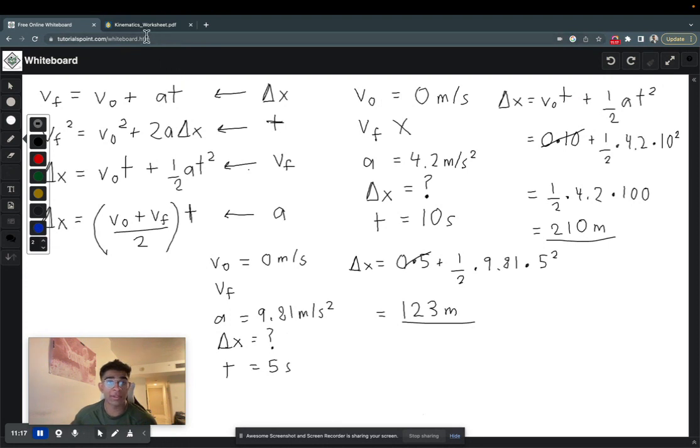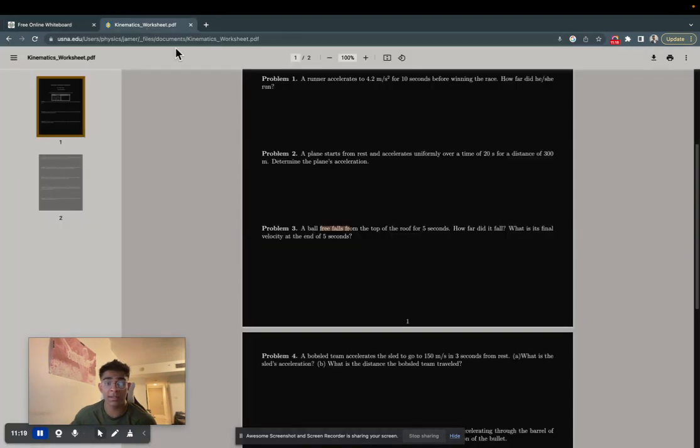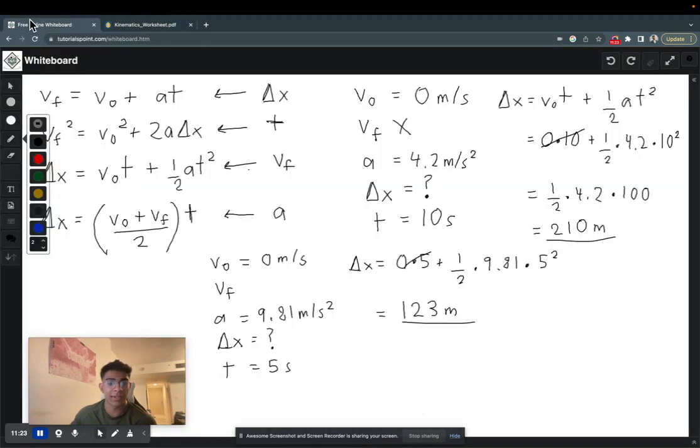And then the second part of the problem is asking what is its final velocity at the end of this time frame. So for the second part, since we actually have all the variables now except for final velocity, we could really use any of these formulas. I'll just use the first one in this case just because it has v final by itself, so it'll be the easiest to use in this situation.